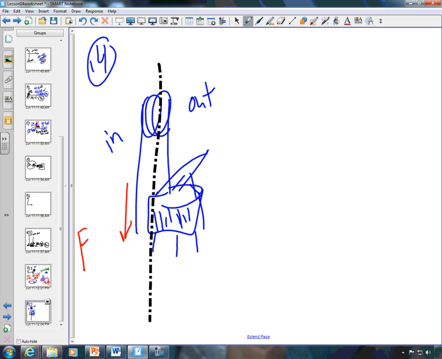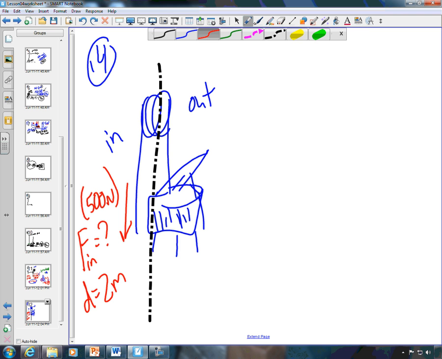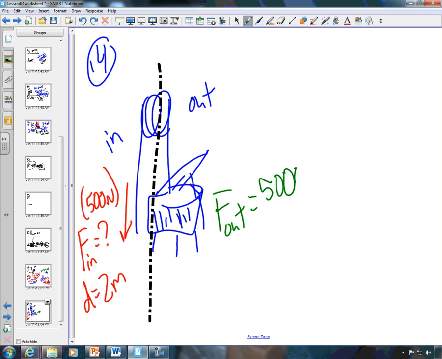The force in that we apply is the question mark. It's supposed to be 500 newtons, the book tells us. We have to prove it. We are pulling this through 2 meters, distance in. And the force out, well, this is a 5,000 Newton piano. That's the weight, and it's going to be lifted up 0.2 meters, 20 centimeters. It's not very impressive.